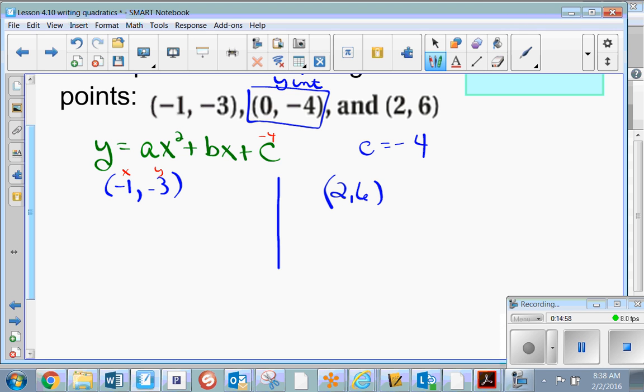So this will produce y equals a parentheses, -1 squared, plus b times -1 minus 4, because I already know c is negative. So this will turn into -1 squared and +1. So this will be a, b times -1.